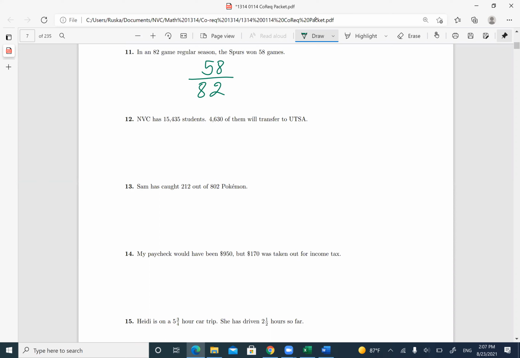Mallory has the answer in the chat. It's 4,630, the students who transferred to UTSA, out of the whole student population at Northwest Vista, which is 15,435. That's right. Good job. Everybody understand that?